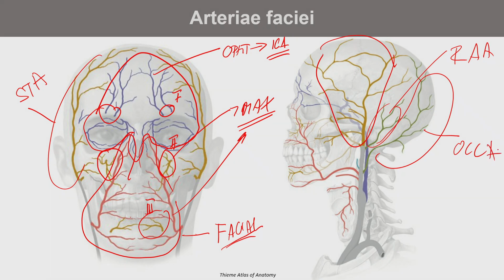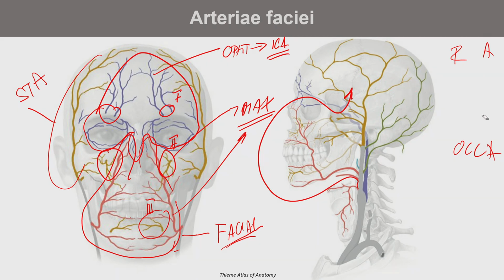So remember please that we have some territories and those arteries are communicating here. So we can very frequently see if there is some problem, for example, arteriovenous malformation, if there is some occlusion, that the blood could find a way from left to right and from external, sometimes from external carotid, this way to internal carotid.